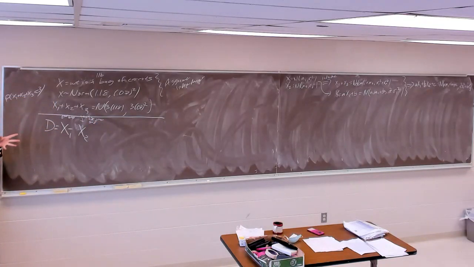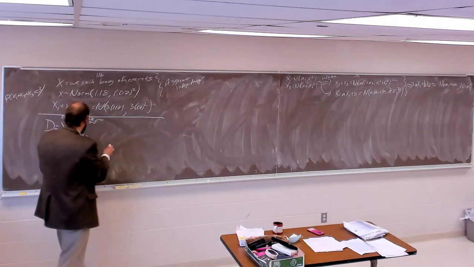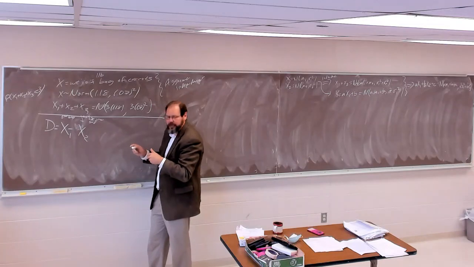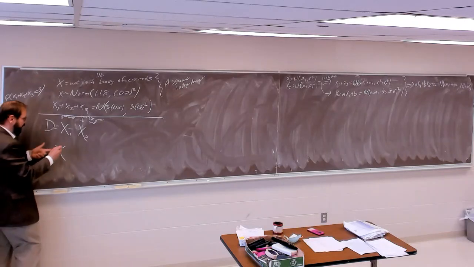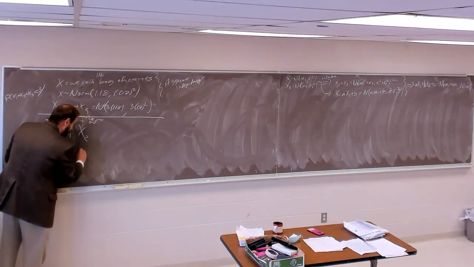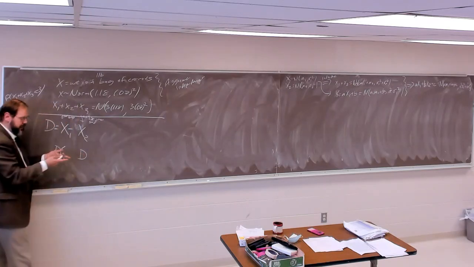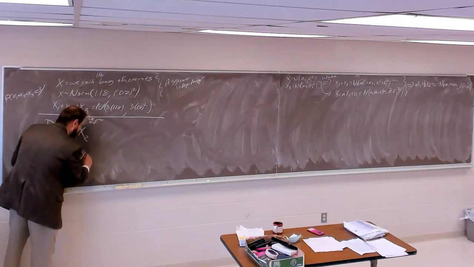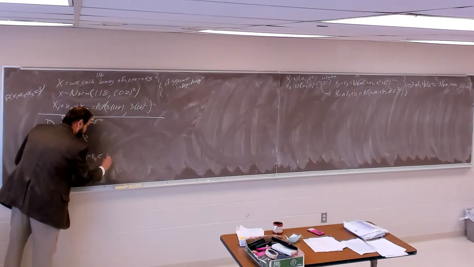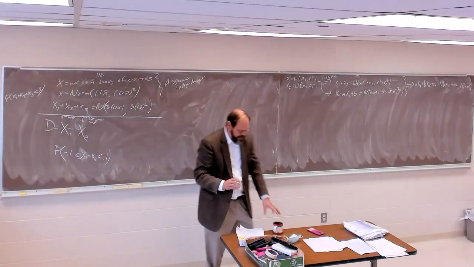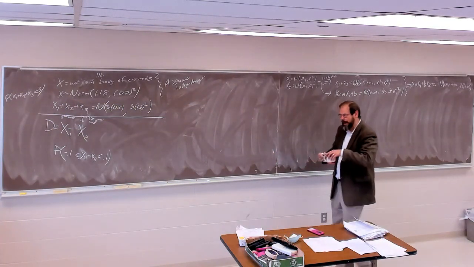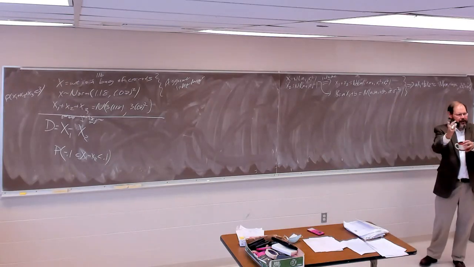I'm going to take 2 bags of carrots, weigh the first bag, weigh the second bag, subtract those weights, and that's my random variable. And I'm going to answer this question, which is one off of the homework: what is the probability that x1 minus x2 is between negative 0.1 and 0.1? What is the probability that if I pick up 2 bags of these carrots and weigh them, their weight difference is less than 1/10 of a pound?